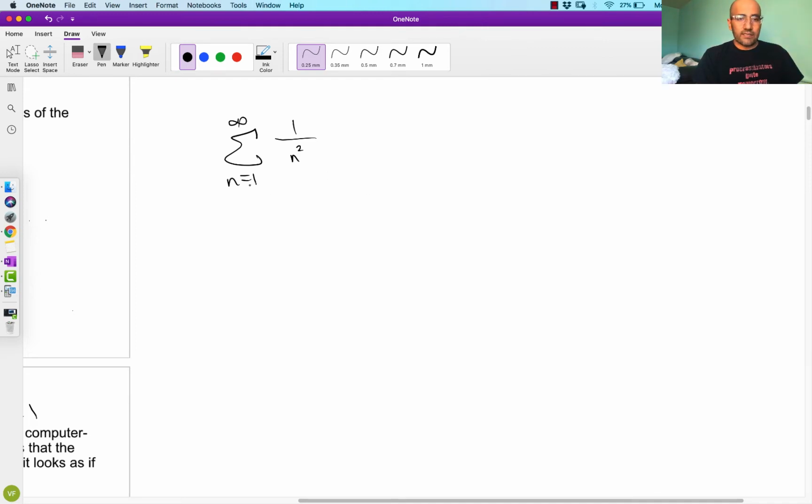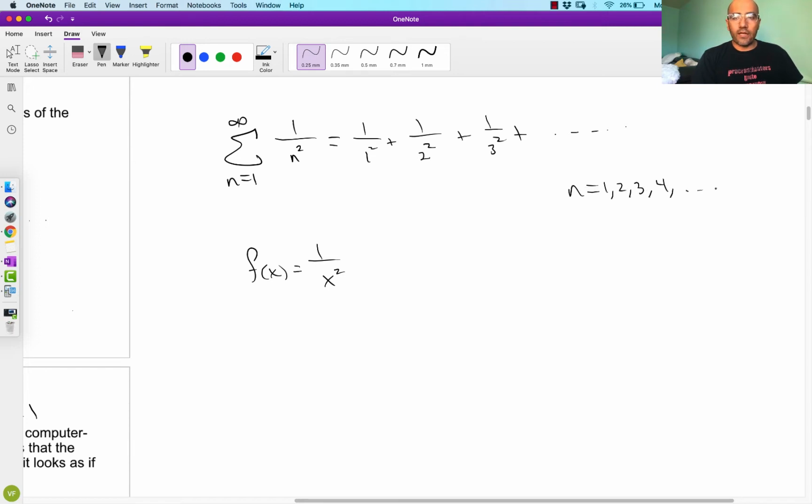This represents the sum 1 over 1 squared plus 1 over 2 squared plus 1 over 3 squared plus and so on. But there is a relationship between this and the function f of x equals 1 over x squared. When you see 1 over n squared, this is for cases where n equals the counting numbers: n equals 1, 2, 3, 4, and so on.